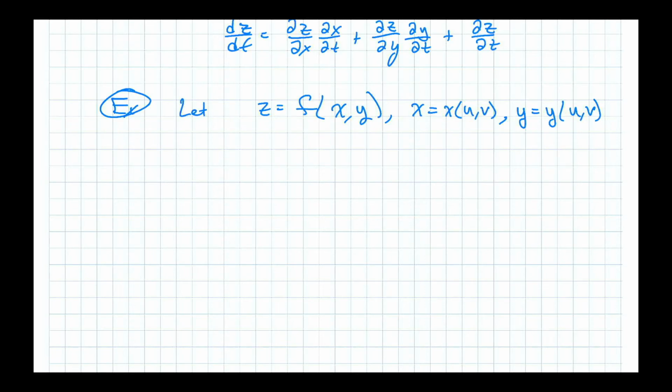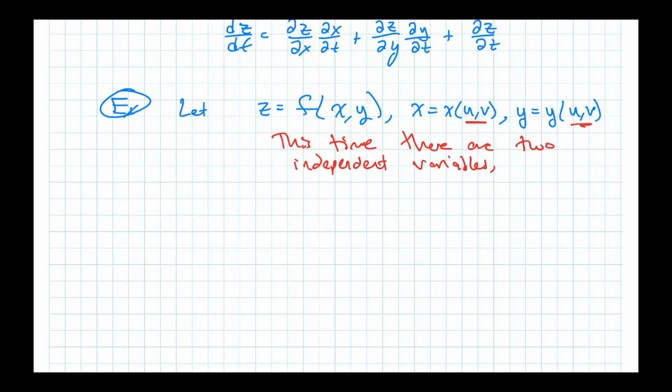Okay, so we'll just note that this time there are two independent variables, u and v.